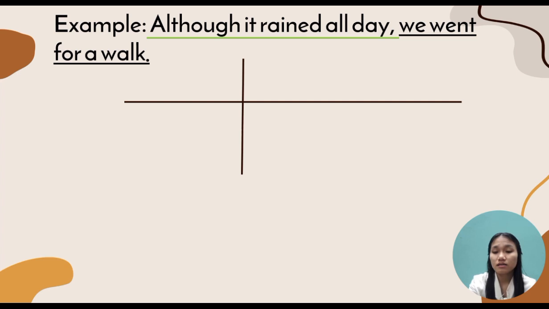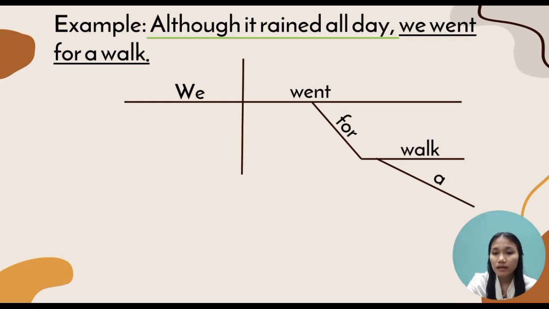So we is our subject, went is our verb, and for a walk is the phrase that is connected to our verb, which is further modifying our verb. The word for here is our preposition.